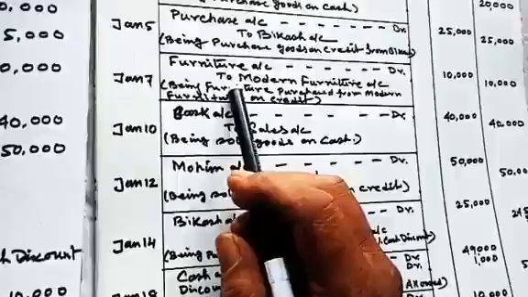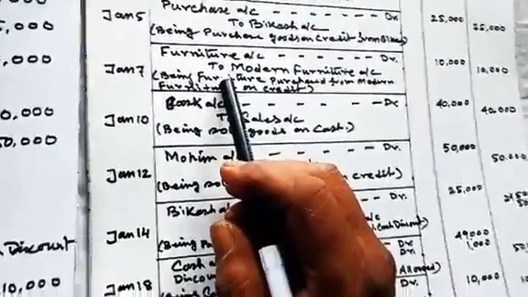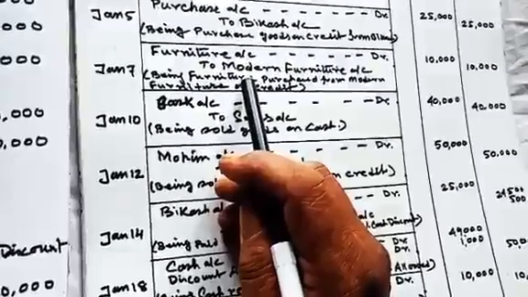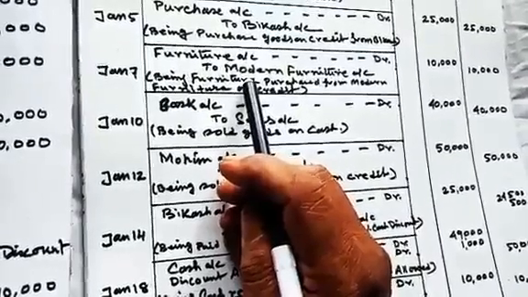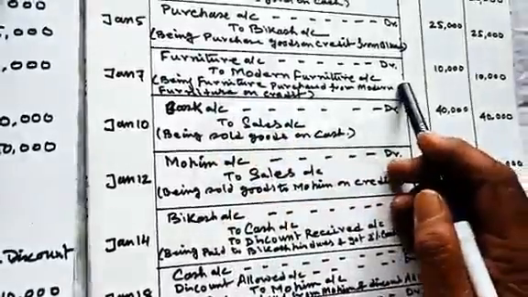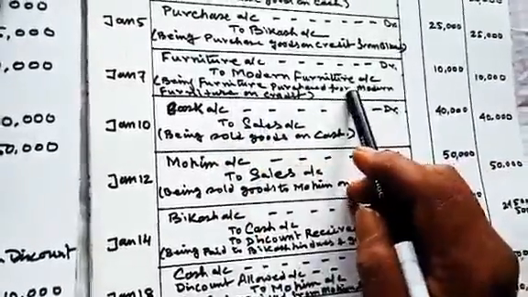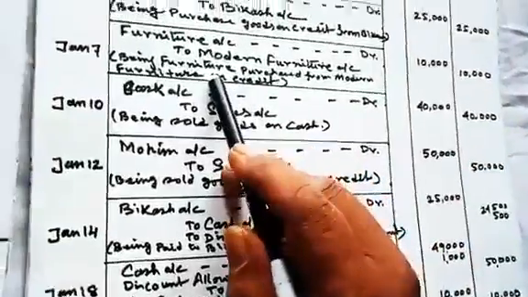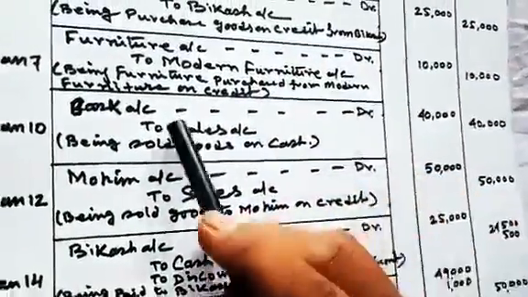So that is a personal account. So that is the person, in case of personal account, the person who is giving the credit is credited. So furniture account is debit to Modern Furniture account, rupees 10,000, 10,000. Being furniture purchased from Modern Furniture on credit.